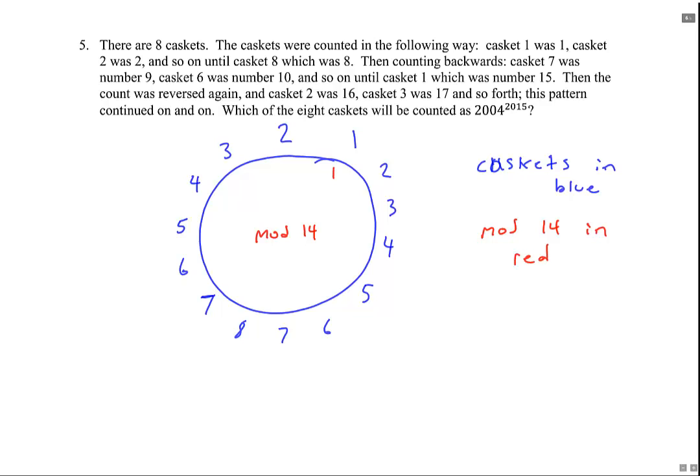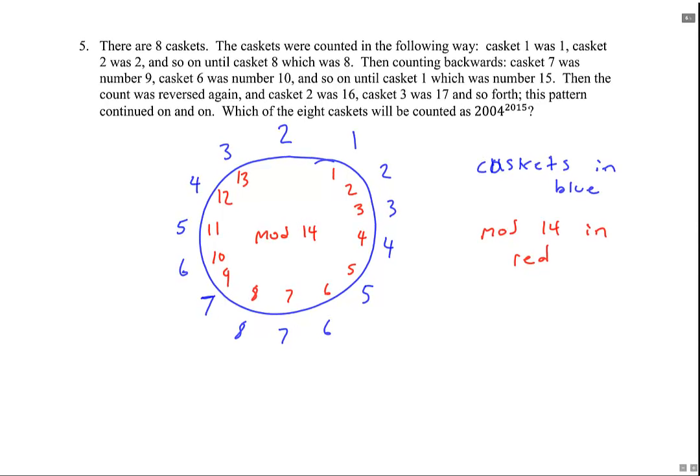So 1 is 1, 2 is 2, 3 is 3, 4 is 4, and so on. And then once we hit 8, that's the 9th thing in the loop, next up for 7, and then the 10th thing in the loop, and then the 11th thing in the loop, 12 and 13, and then once we hit 2, that's the 14th thing in the loop. Or to stick with remainders, we'll call that 0.